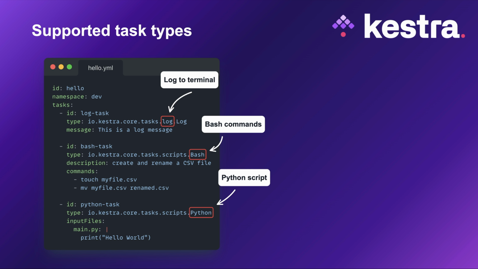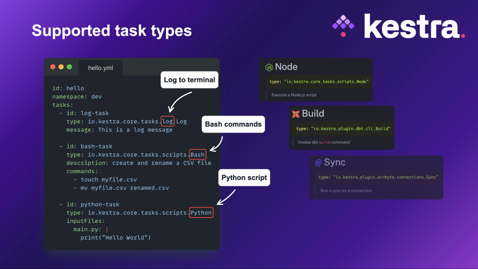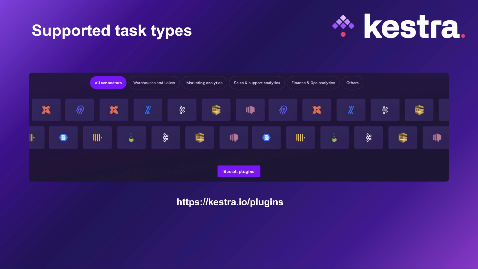Finally, execute a Python script. Apart from that, there is a wide range of additional integrations allowing you to execute Node.js scripts, invoke dbt core and dbt cloud jobs, trigger data ingestion syncs with Airbyte or Fivetran, run custom jobs on Google Vertex AI, and many more. Check the plugins documentation for a list of supported integrations.